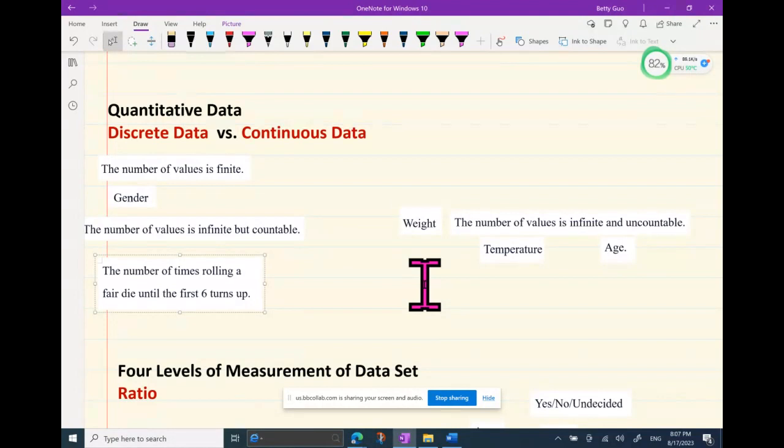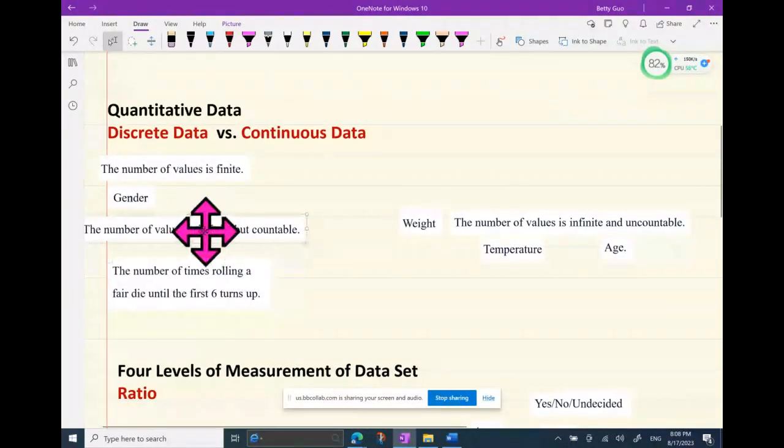Maybe another person needed twice, getting a 6 the second time. Is it possible that you keep rolling the die and never get a 6? Theoretically, yes.